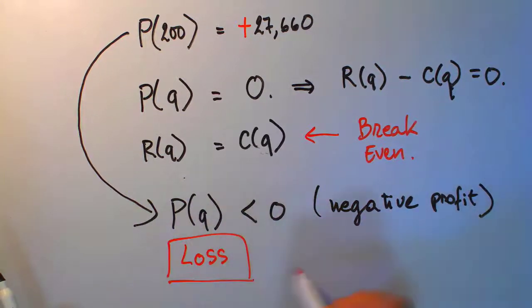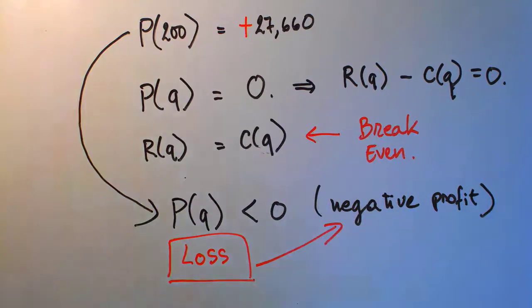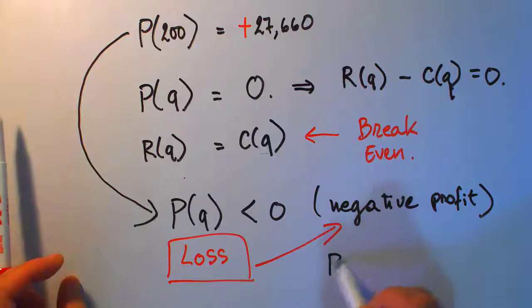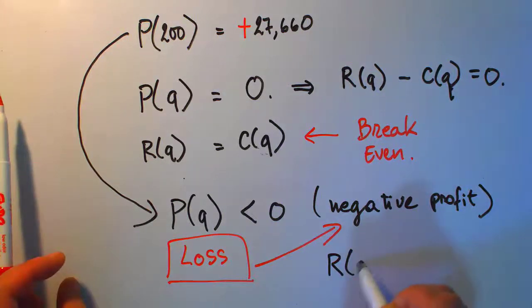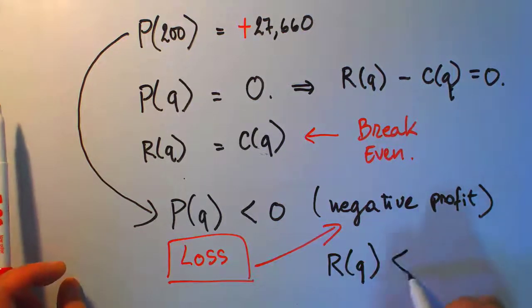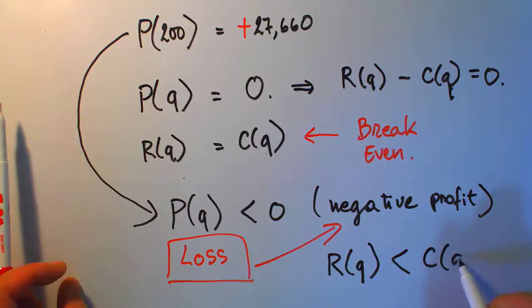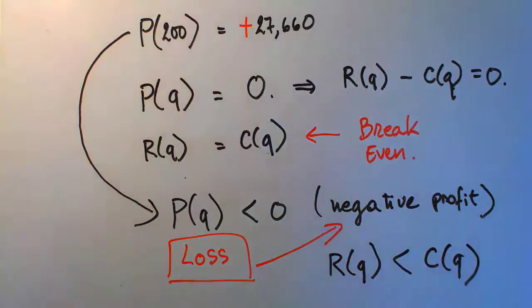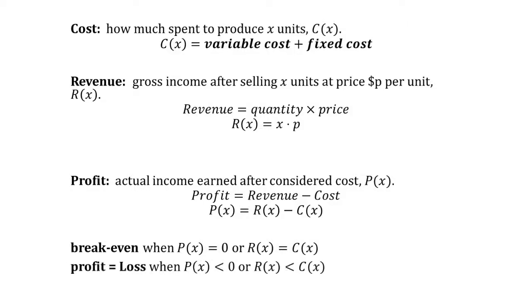Okay, loss is actually the same as negative profit. Or another way of seeing that is, the worst thing that can happen is when the revenue you sold is even less than the cost you have spent to produce the items. And so that's what it is. Profit becomes loss. Different names, different ways of calling it, when your profit is a negative value or the revenue is less than the cost.